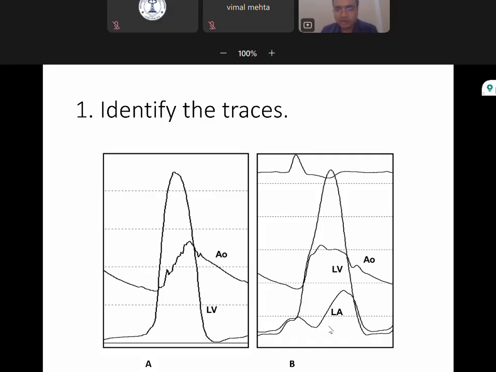And here what you can see is what extra thing is shown in figure B. Can anybody tell what extra is shown in figure B in a patient of HCM?